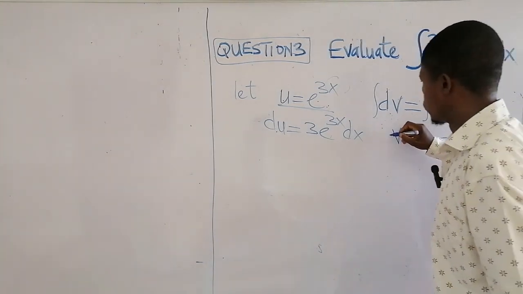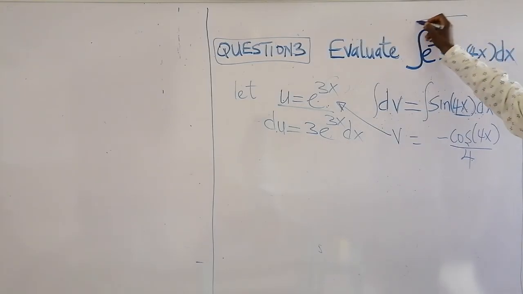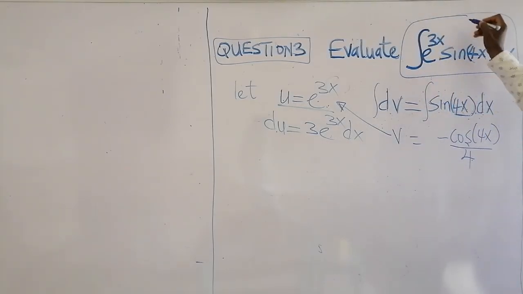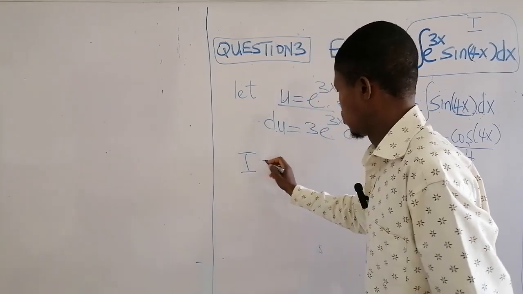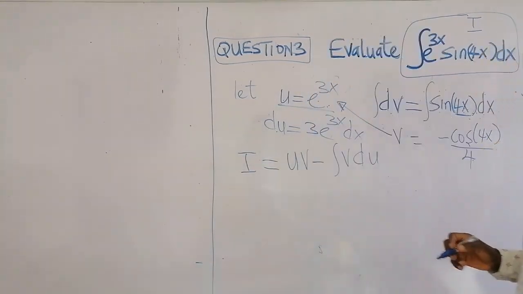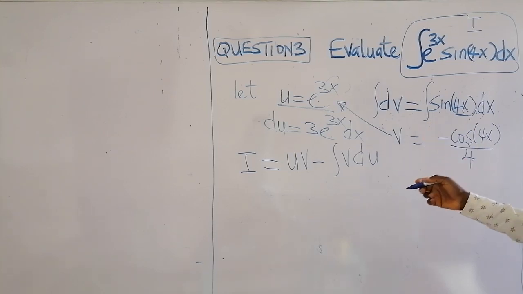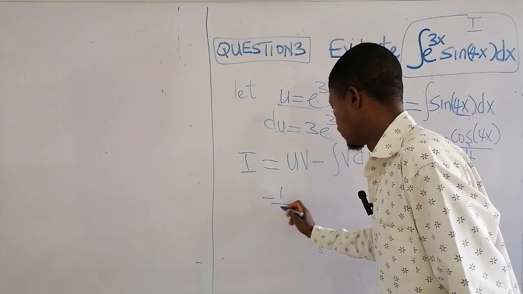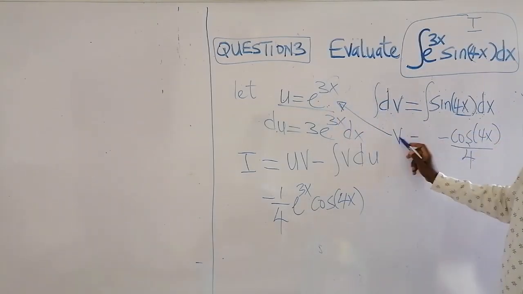Then we apply our formula. But before we go, let's give this question a symbol, I. My I, which is the question, is equal to the formula for integration by parts. So we need to substitute now uv, which will be equal to minus 1 over 4 e to the power 3x. That's my uv.